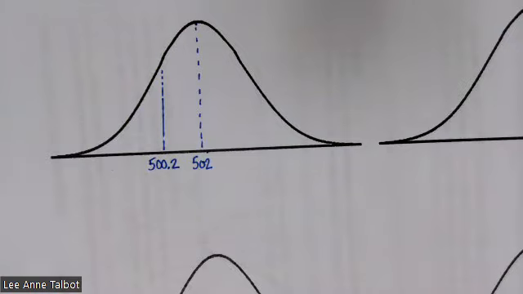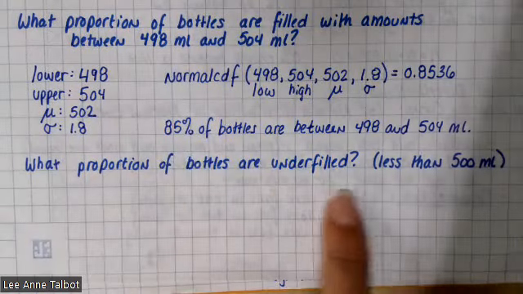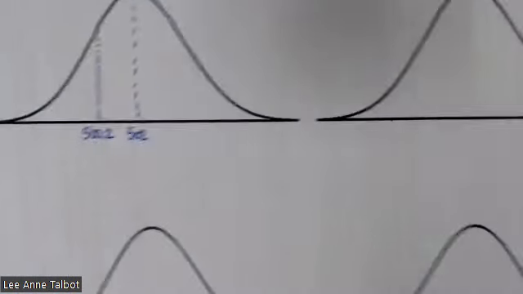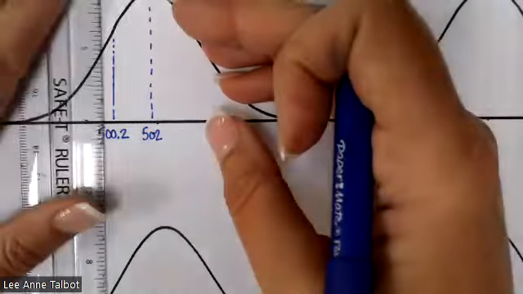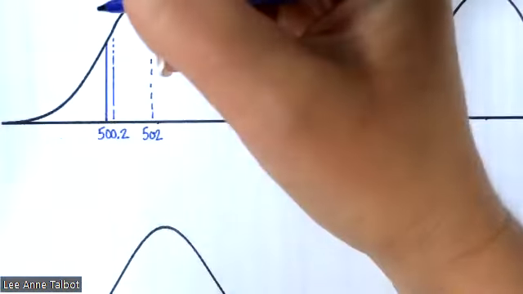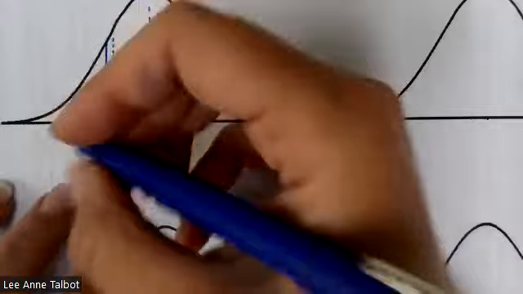Okay, so I'm just gonna draw a little bit of this. I don't need the whole curve. It said specifically what proportion of bottles are underfilled, and then I translated that for you to be less than 500. So I'm going to take my curve and estimate where 500 would be.